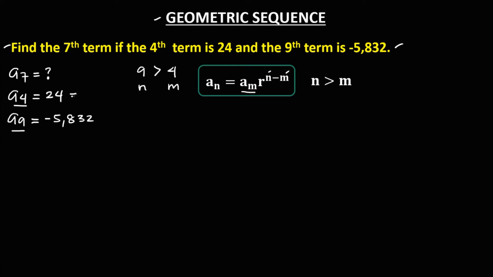So this a sub 4 is a sub m and this a sub 9 is a sub n. Since there's no given common ratio, we need to solve first for r, the common ratio, from this formula.